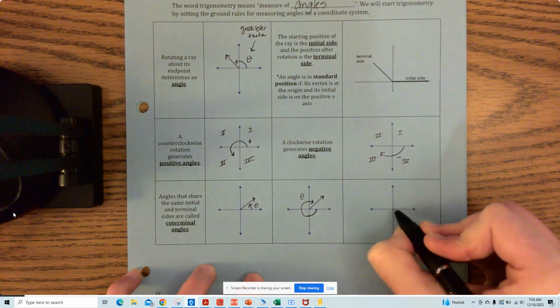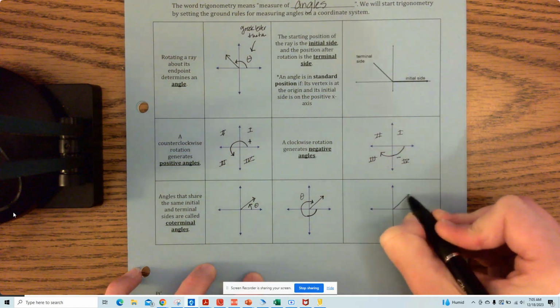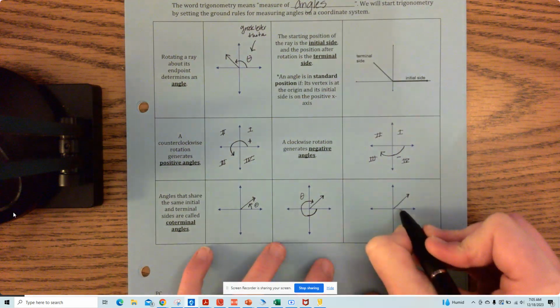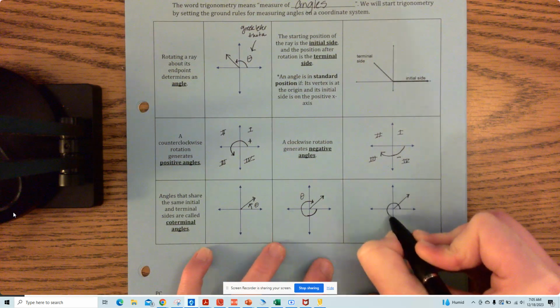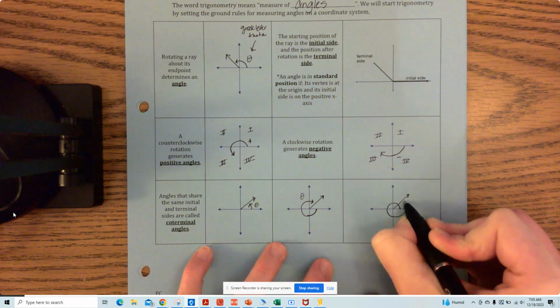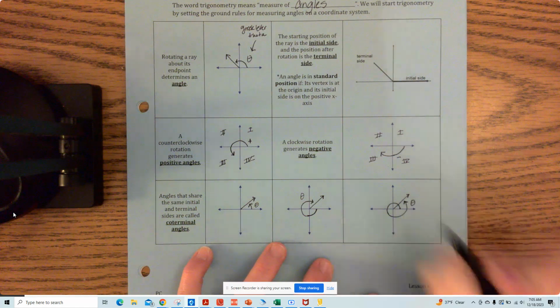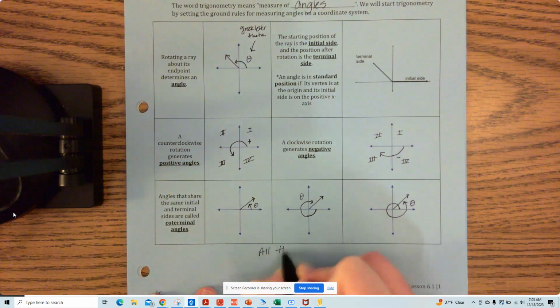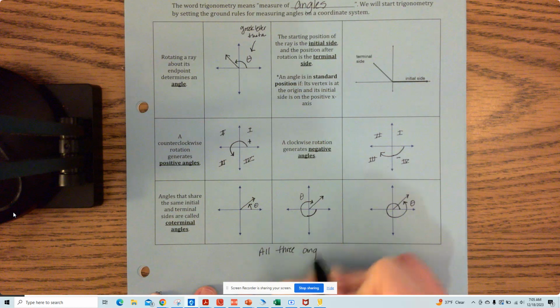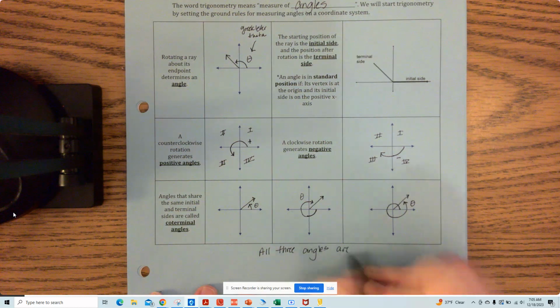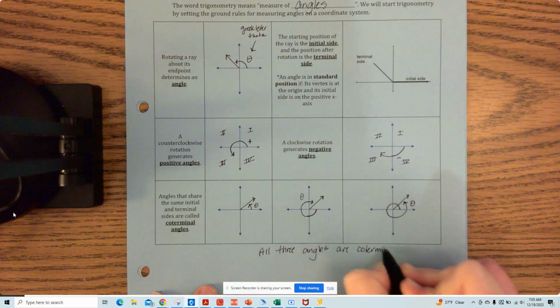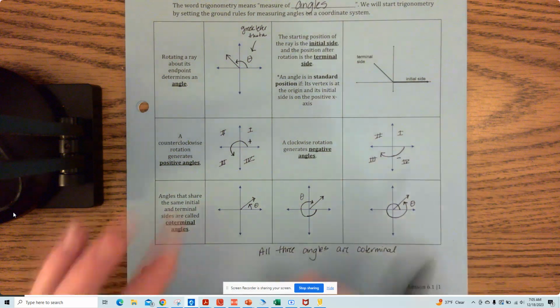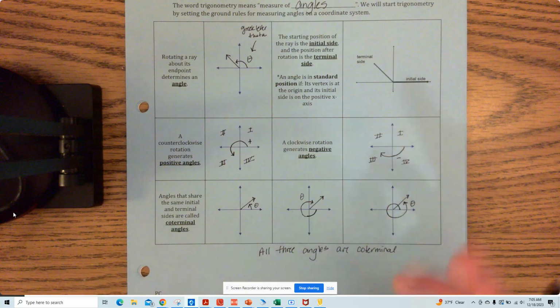And then we could do something really crazy here. Say we go from the x-axis and go all the way around and back to the line. All three of these angles are coterminal. Same pieces, it's just that the measure of the angle is going to depend on how we draw it.